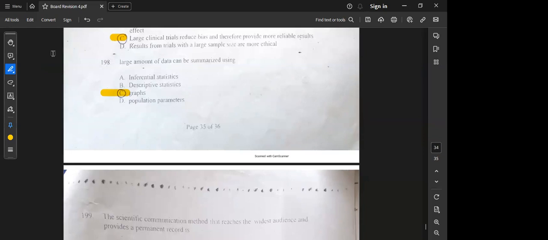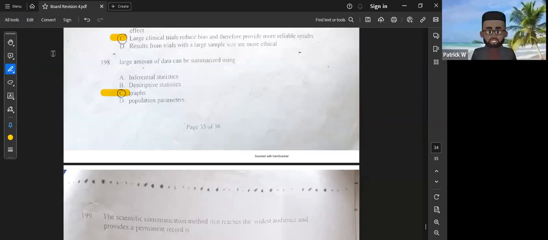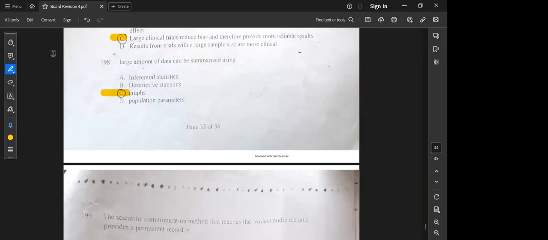In case you want to know what inferential statistics is, it's where you use some data to make a prediction. You're inferring from a set, then making a prediction from it. Okay.